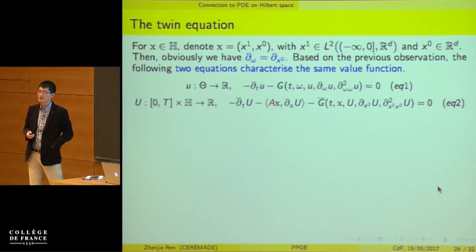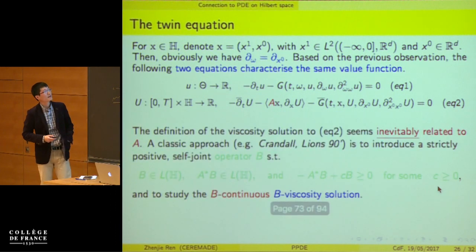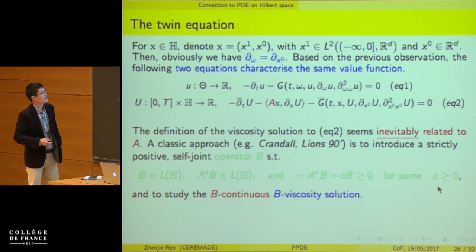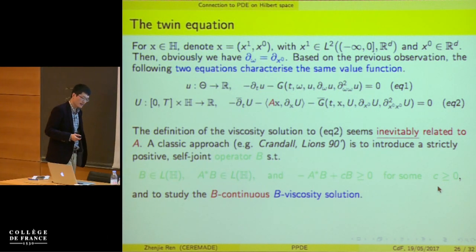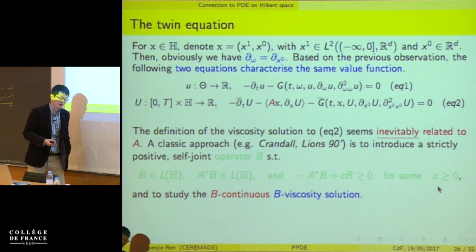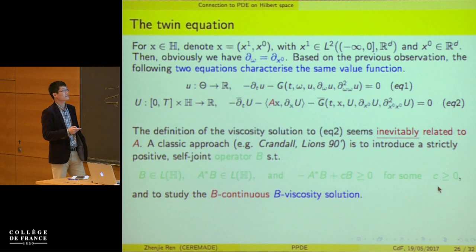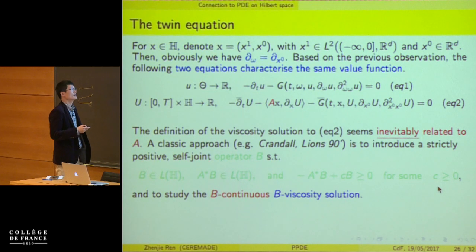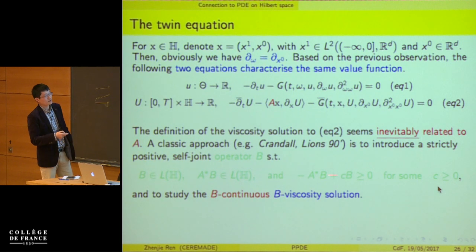And of course, there is a big amount of literature on the second equation already. It was initiated by Pierre-Louis Lions in the 1990s. And the classical way to treat it, the classical way to define viscosity and to prove the corresponding comparison principle, is to introduce an auxiliary operator B. B is a strictly positive and self-adjoint operator on the Hilbert space, and it has a constraint.